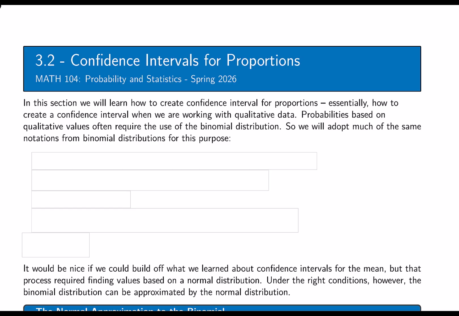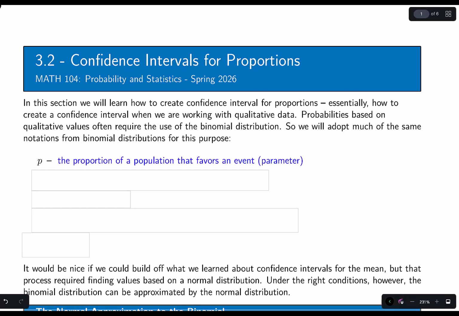One thing we learned about proportions earlier is that probabilities based off of these qualitative values will often require the use of the binomial distribution. Because of that, we're going to adopt a lot of the same notations from binomial distributions in this case. So for instance, P is going to be a proportion for a population that favors some event.